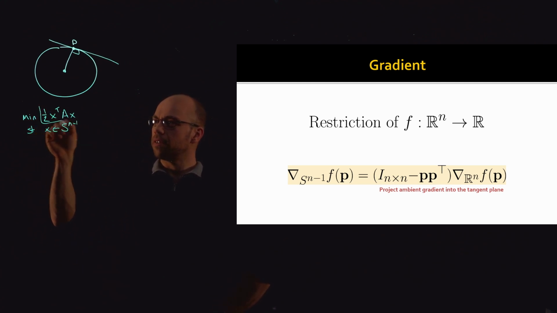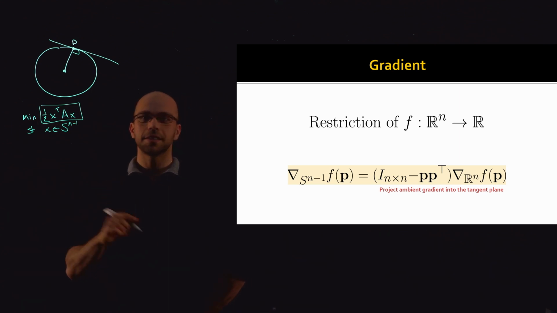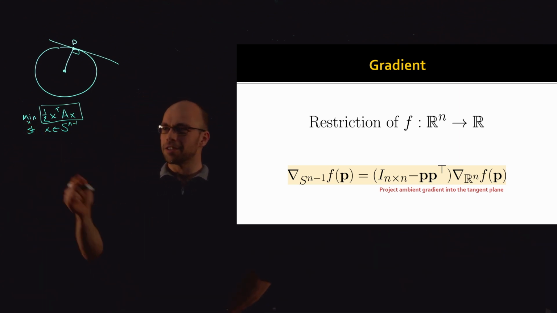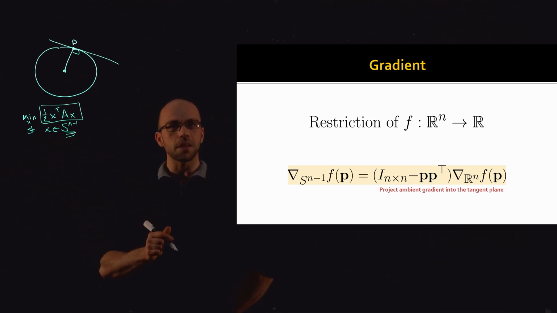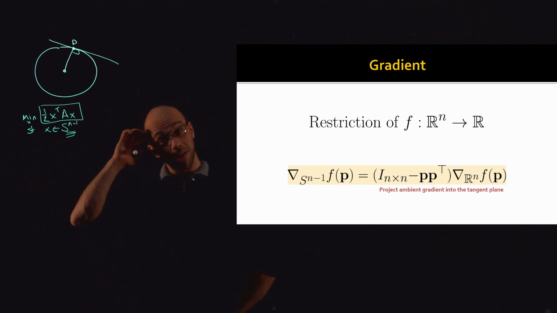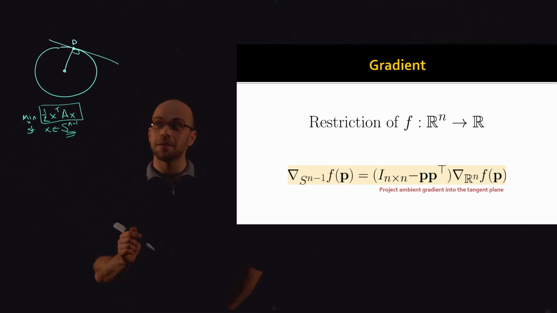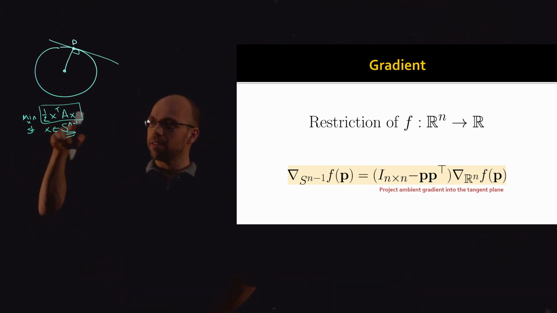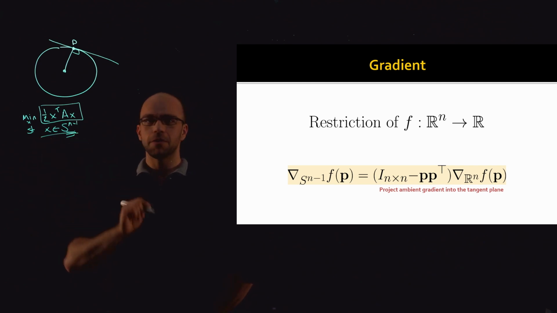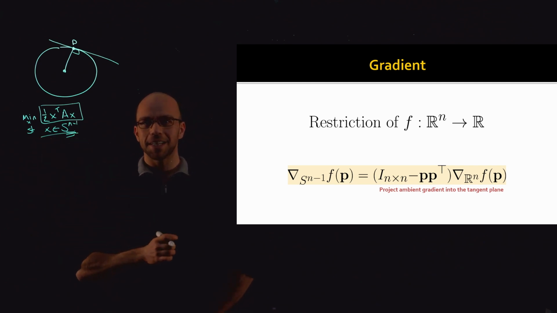Well, this objective function, over x, of course, is well defined on all of R^n, not just on the sphere, right? And so in this particular case, one thing that you can prove quite easily is that if you want the intrinsic gradient of your function, you can obtain it by computing the extrinsic gradient, just the gradient of this objective function as if there were no manifold constraint, and then projecting it onto the tangent plane.